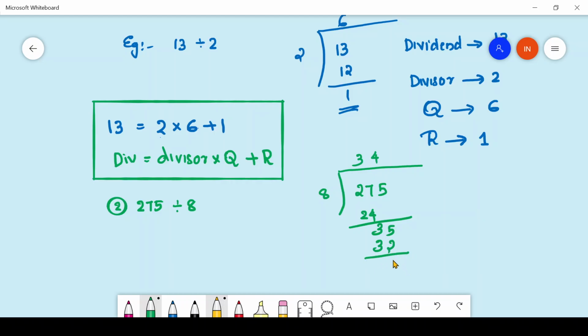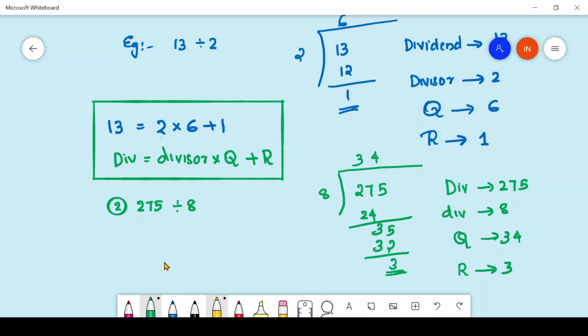And we are getting the remainder 3. As we have done before, the dividend here is 275, the divisor is 8, the quotient is 34, and the remainder is 3.